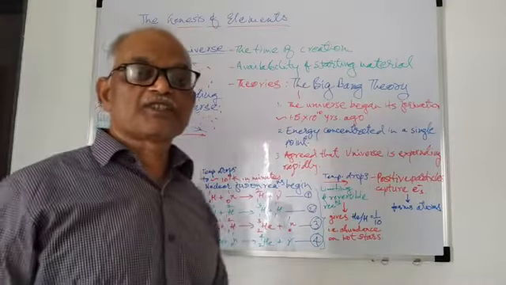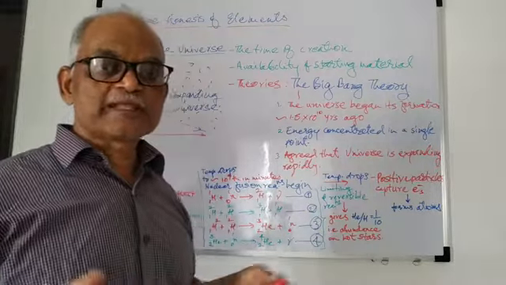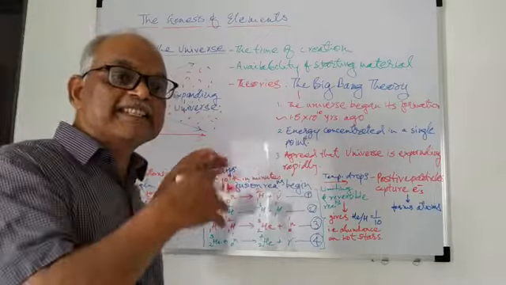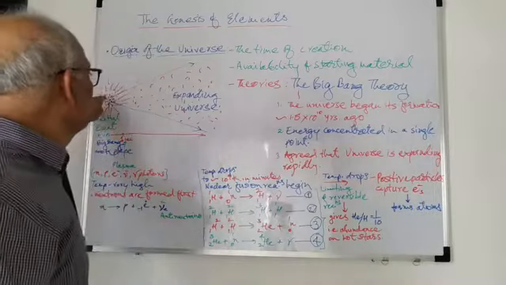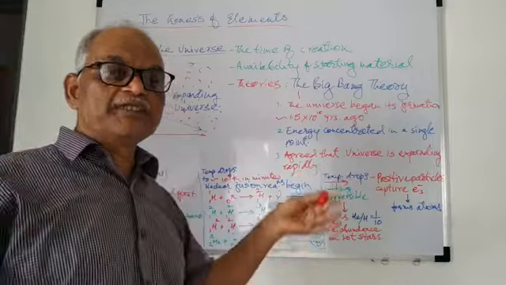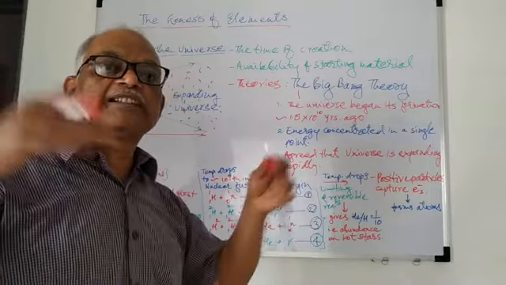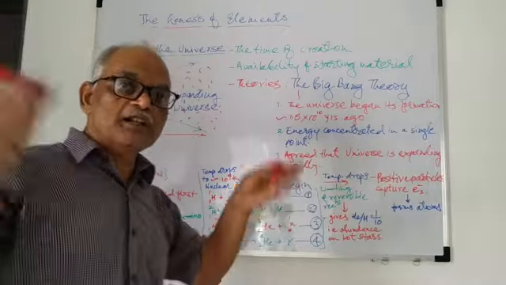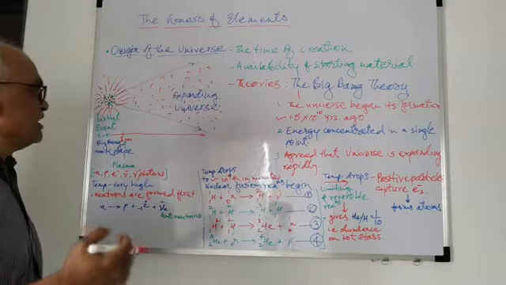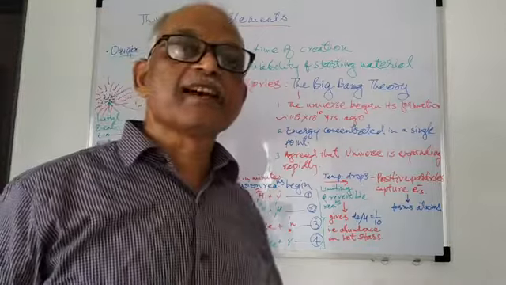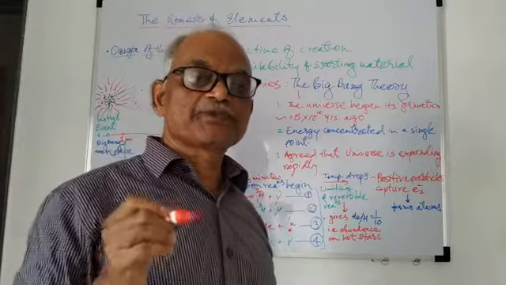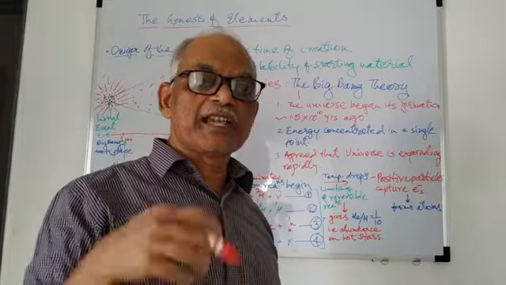Which means there is a sudden explosion, during which everything that was present in the single spot is rapidly released in the universe in all directions. So with time passing, various changes take place in the universe, and we are going to study these changes in chemical terms.